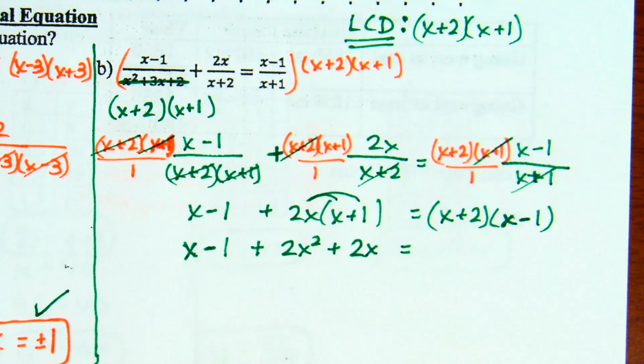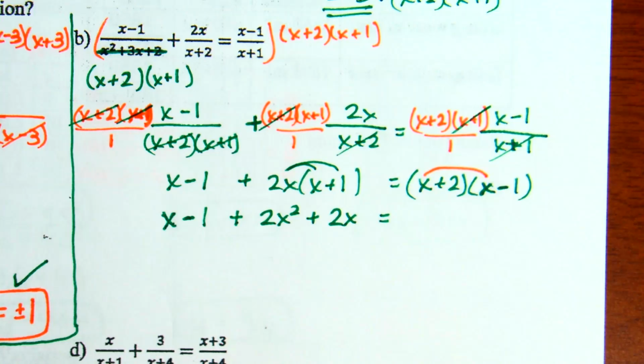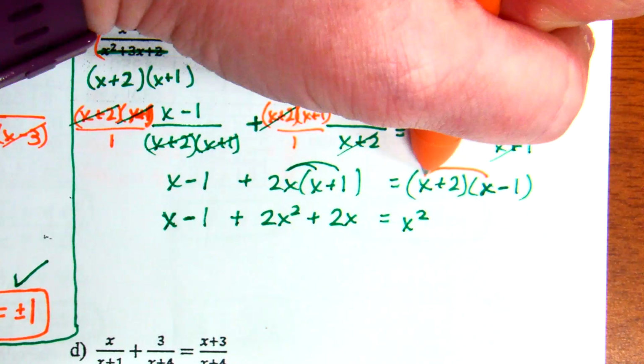Okay. X times x, x squared. Can we do outsides and insides at the same time? Are we that talented or not? Outsides are x times minus 1, which is going to be minus 1x.